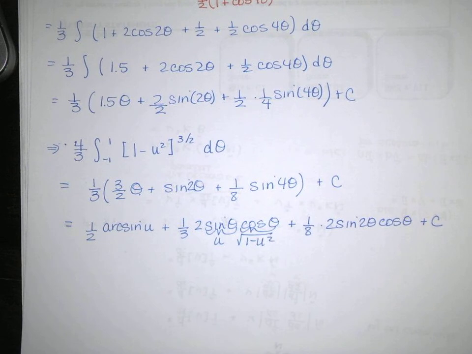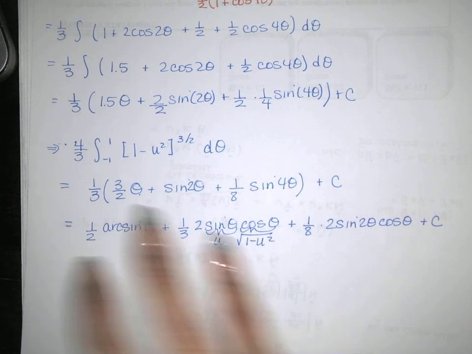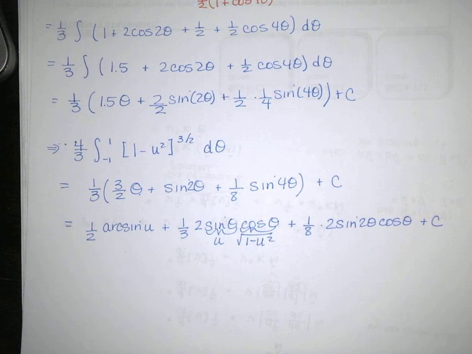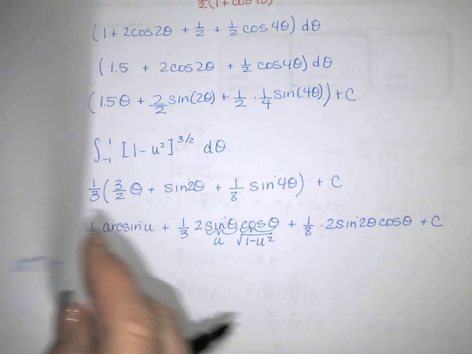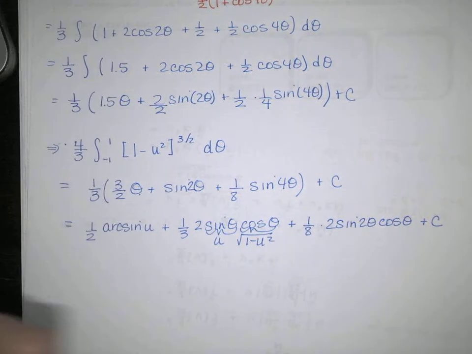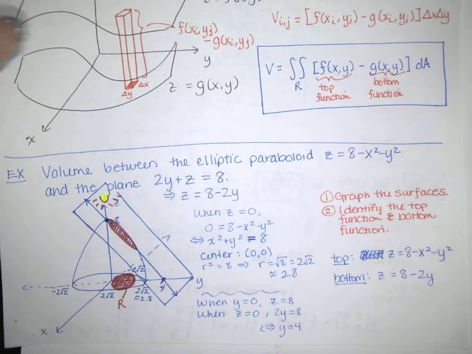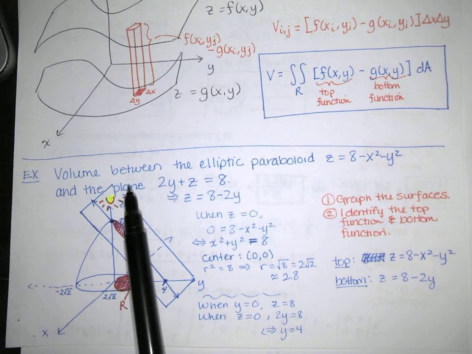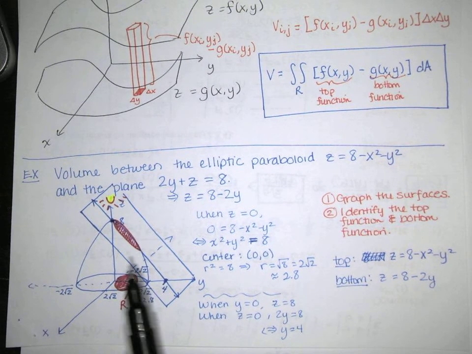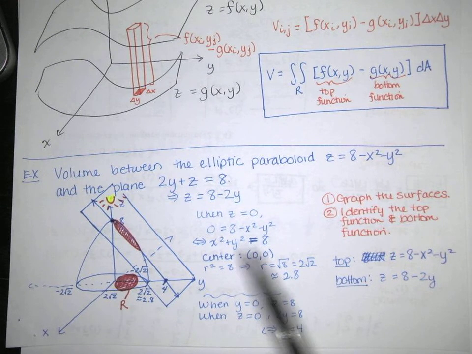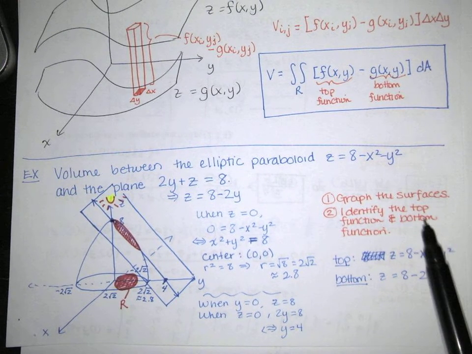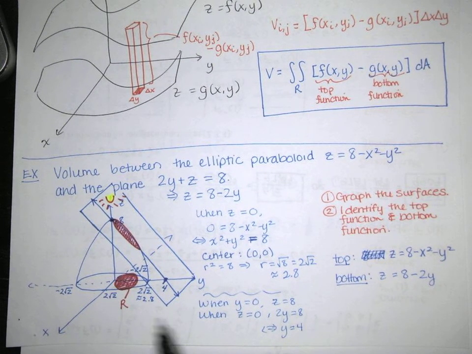Okay, so eventually you finish this. And it would take me a little while just to do the calculations. I was trying to rush, I was trying to get it done. But let's focus on the big picture. What was it that we were doing again? All right. So we wanted to find the volume between this elliptic paraboloid and this plane. The way we do it is we graph the two surfaces, we identify the top function and bottom function.